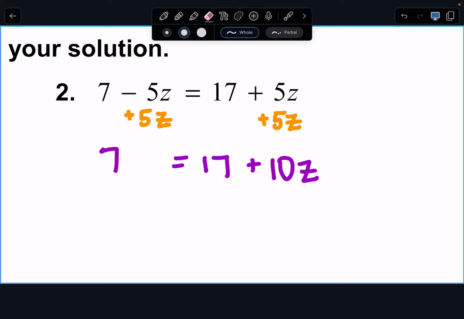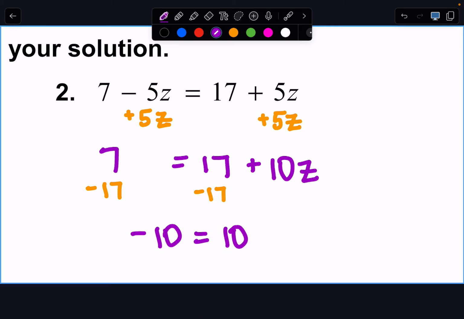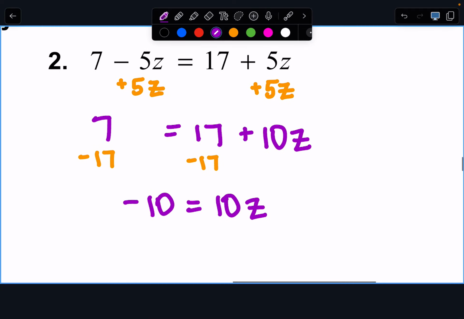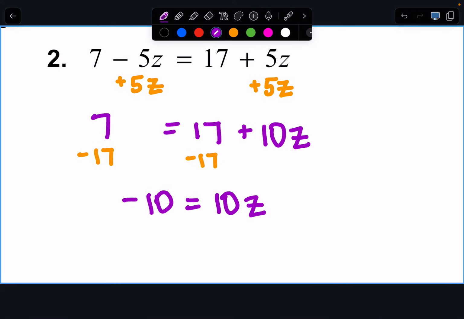Now, do I need to move the 7 or the 17? 17. Okay. We want to move away from the variable. So we have negative 10 equals 10z. It is not 0. It is what? z is negative 1.